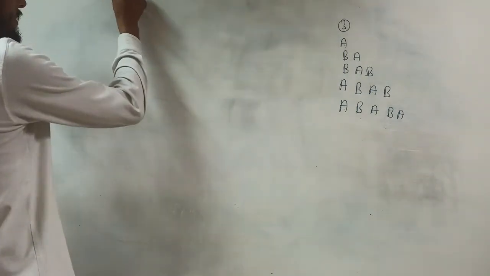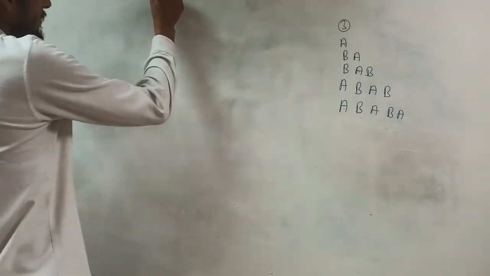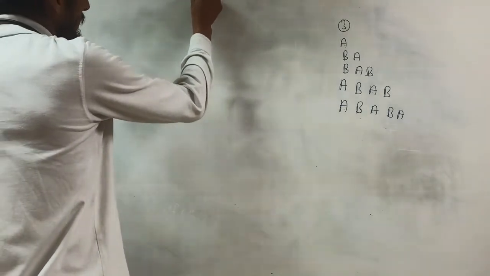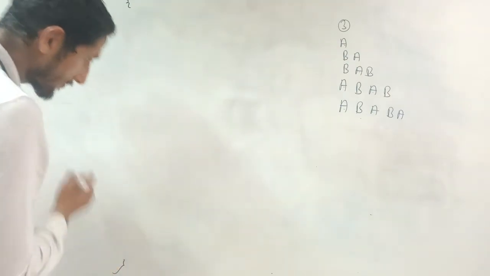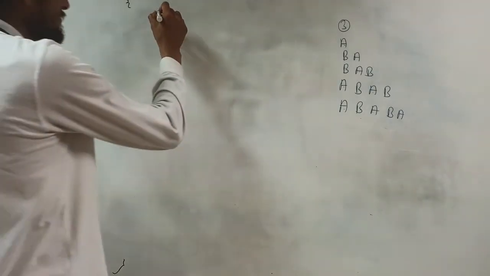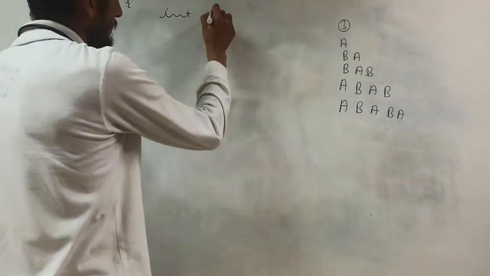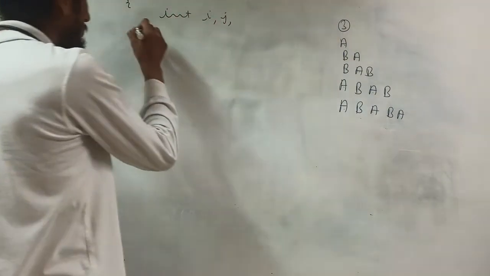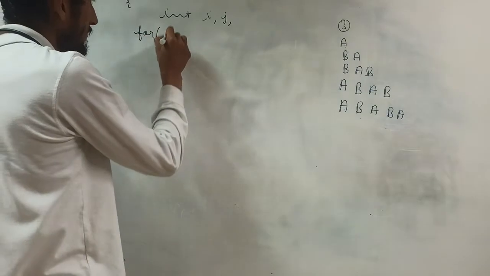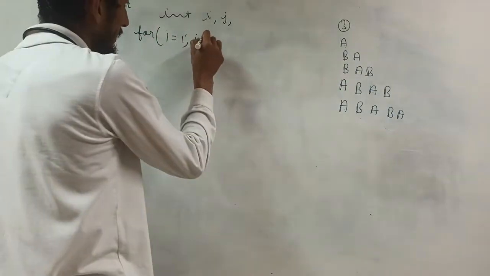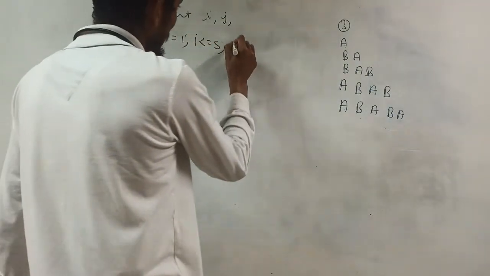So let me start with pattern number 3. Void main. How many rows do I have? 5 rows. So i equals 1, i less than 5, i plus plus.